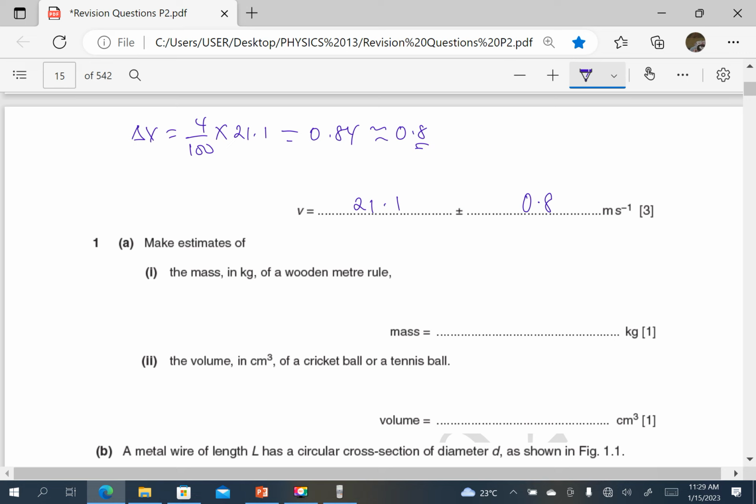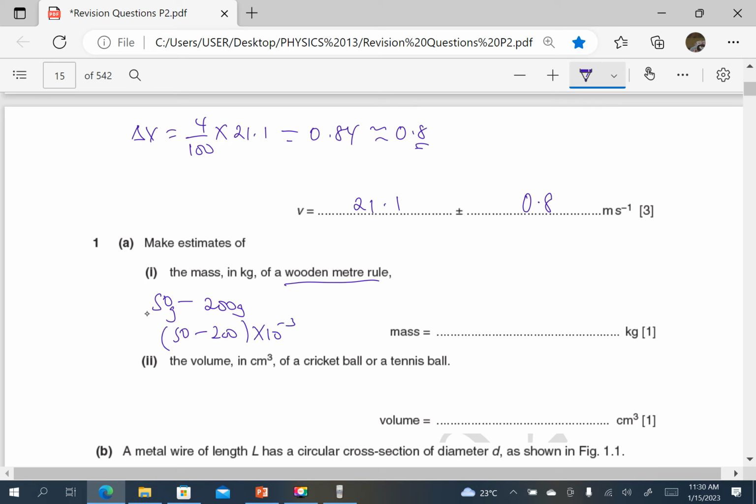Make estimates. Mass in kilograms of a wooden meter rule. Of course, we use meter rulers almost every day. I think a normal meter ruler is around 110, 115, but it depends on which ruler you are using. So we can say the mass is between 50 to 200 grams, or 50 to 200 times 10 power negative 3 kilograms.